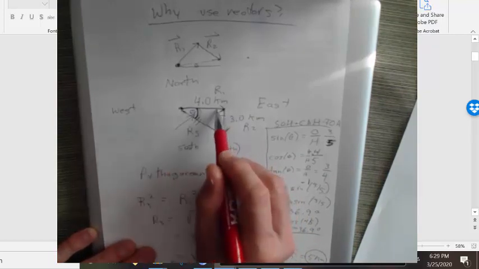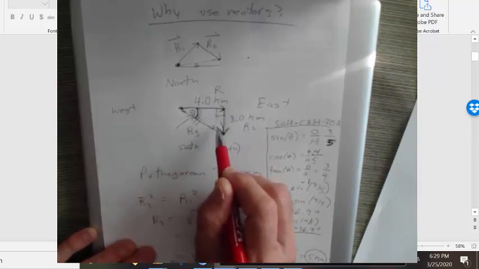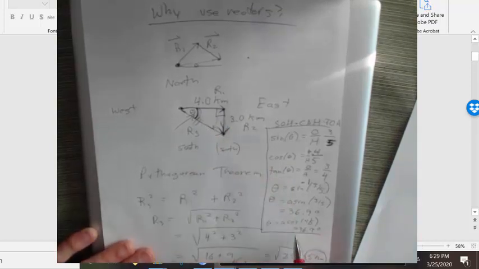I start looking east and I have to head south a certain angle from that. That angle is 36.9 degrees. So what I'll say is my final angle here is 36.9 degrees south of east. So I would tell my friend, walk 5 kilometers at an angle 36.9 degrees south of east.